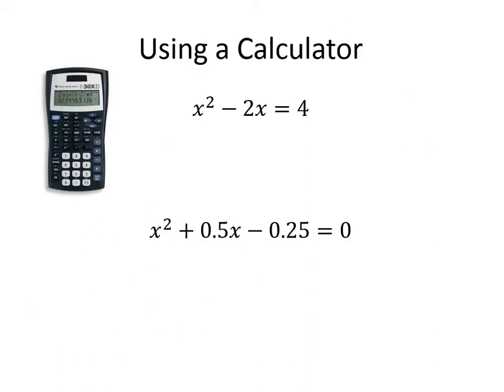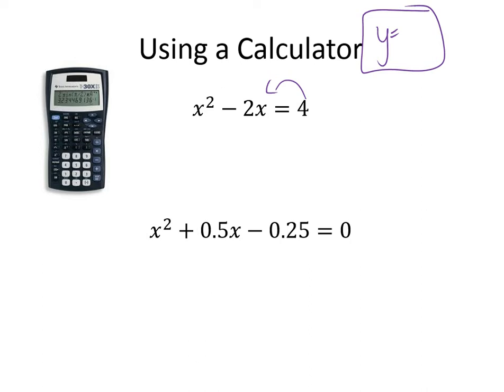All right. So your calculators can find these. If you push Y equals on your calculator and plug in this equation, moving the 4 to the other side, and then push graph, you will see a parabola being formed.